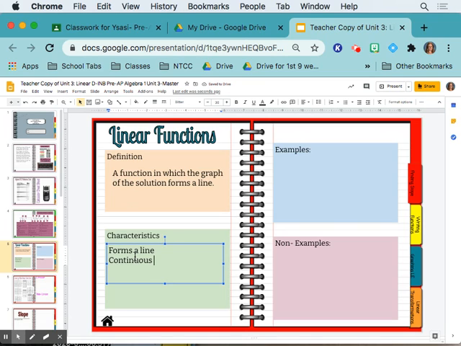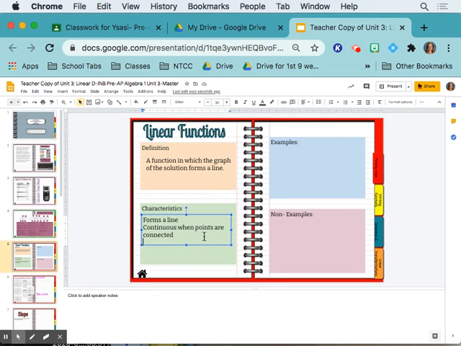What would that be? Just a continuous relationship? Or continuous when points are connected? Okay. What else? What about the slope or rate of change? Constant rate of change.